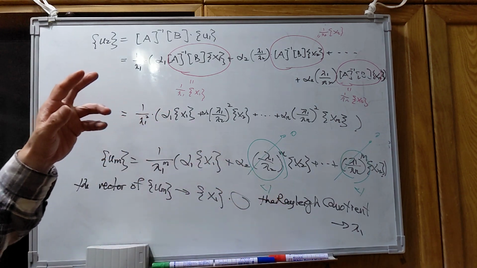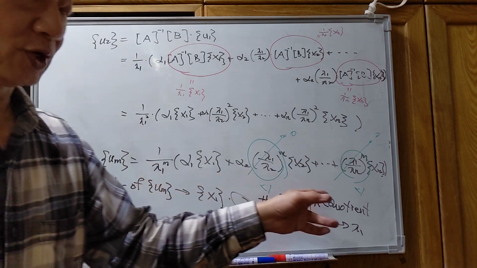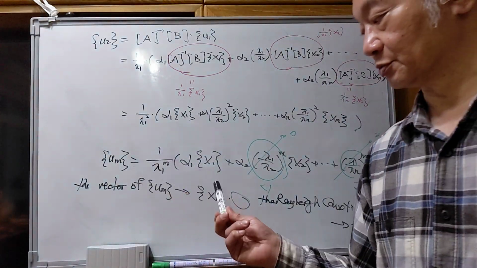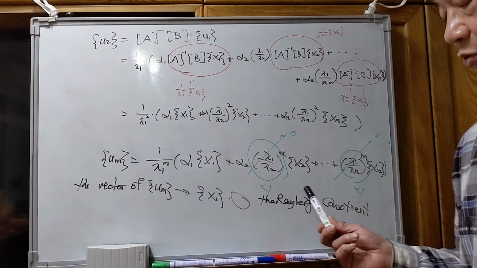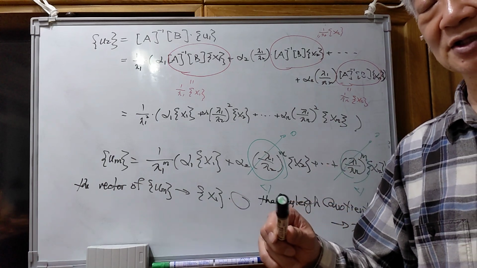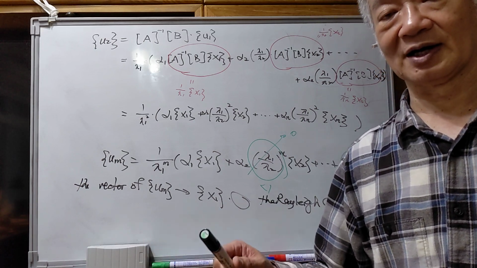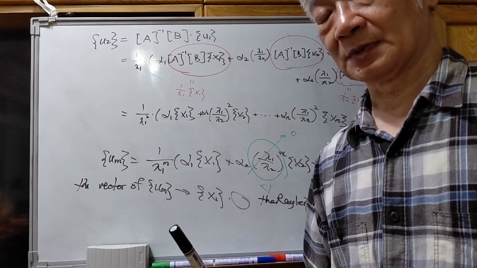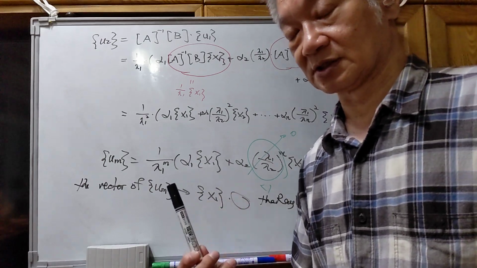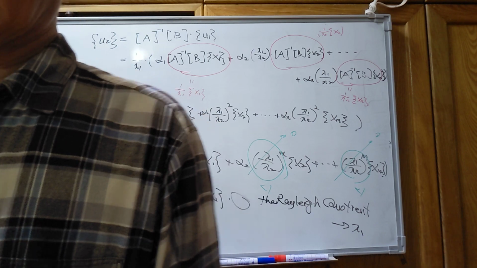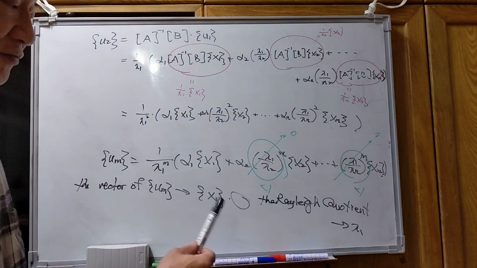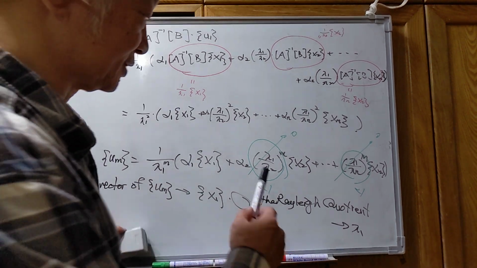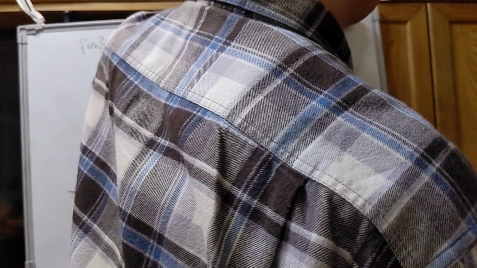You will find the convergence of the Rayleigh quotient to lambda 1 is faster than the approach to x1, since when we calculate the Rayleigh quotient, ui transpose A ui divided by ui transpose B ui, it will approach the smallest eigenvalue lambda 1, and the rate of convergence is even faster than the convergence of the eigenvector. So that's the inverse iteration method.